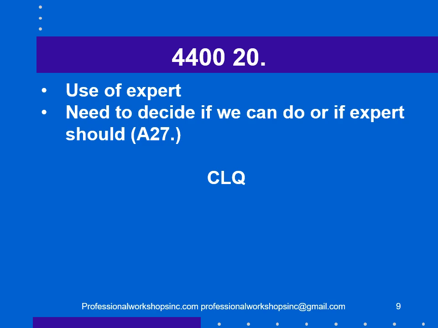So if we're using a professional engineer as an expert to provide an opinion on something that has to do with engineering, we should probably decide that this is not something we can do. This is something that the professional engineer should do. In the circumstance we're using a translator, maybe we use 2 translators to make sure that they're not fibbing to us. But again, have a checklist question to make sure that our use of an expert is acceptable.